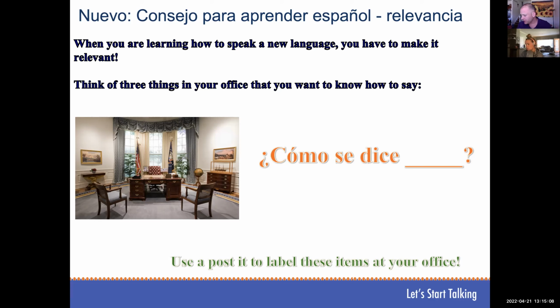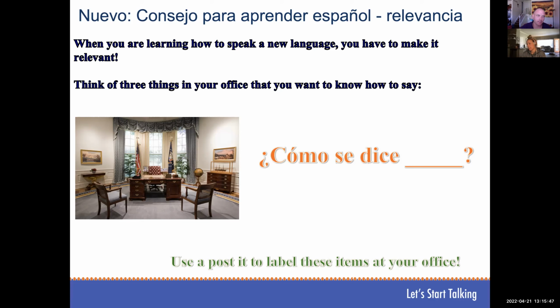So a really good activity you can do is to start getting sticky notes. And just look around, right? And everything that you see, like you've got the computer in front of you, write down la computadora and then put it on your computer. The desk would be el escritorio. The wall is la pared, the bookshelf, el estante, literally everything that you can see. Get your little Spanish English dictionary, look stuff up and start to label it. And I'm happy to teach you anything right now that you can think of that you want to learn.